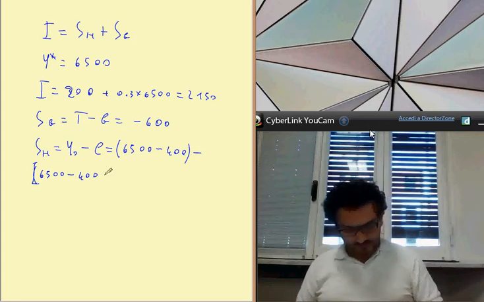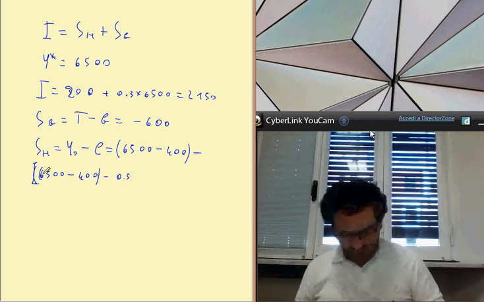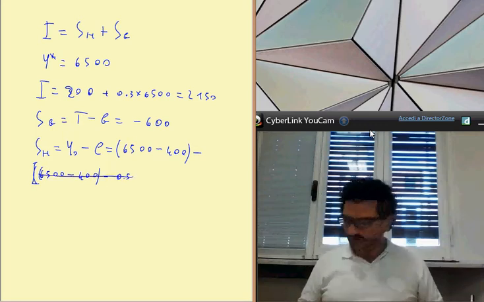So the disposable income minus the propensity to consume 0.5 multiplied by, no, we need to apply the equation in our system.